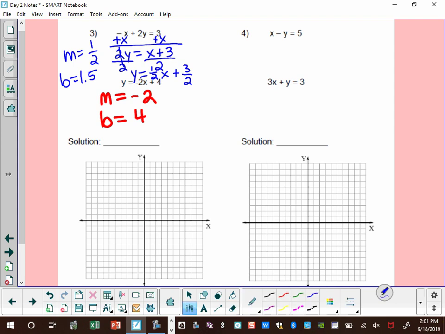I'll do this one with you guys since we're already here. I'm going to go up 1 over 2, up 1. And once we start at our 1/2, we just have to finish it. So try to sketch this line as best as you can. It may not be perfect. That's okay.